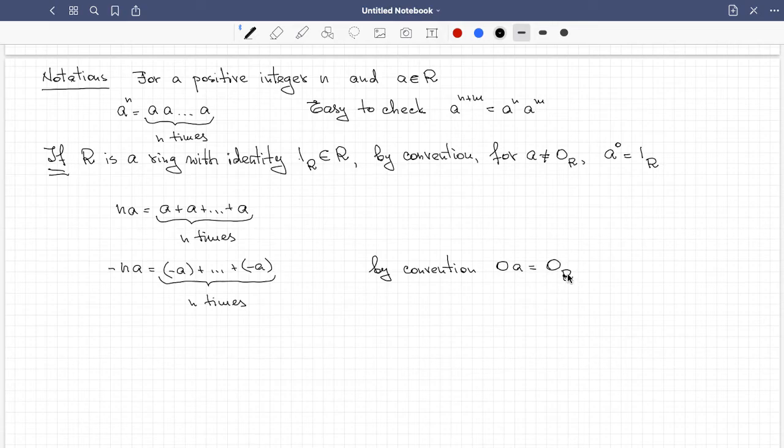At the same time, please have a look. I possibly had to write it this way, negative n a, because this is a negative integer times an element of the ring.